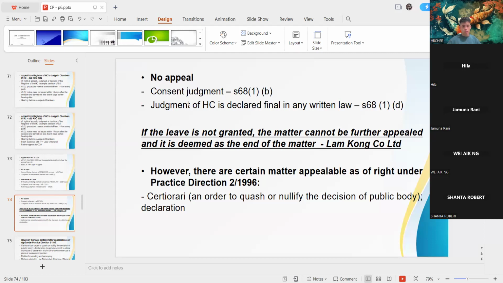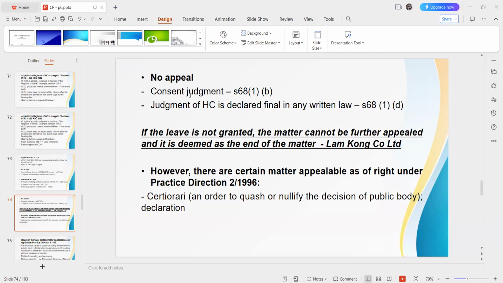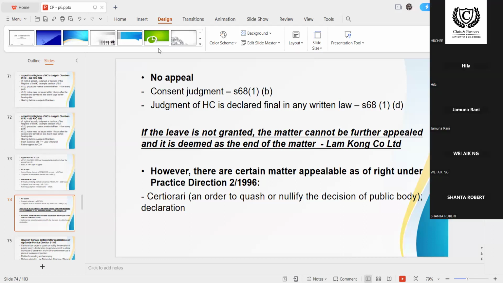Okay, so when we come to leave, if the leave is not granted, the last part is on no appeal. So Hila, your question is we cannot take anything further.